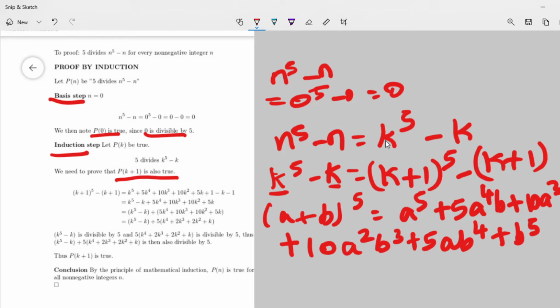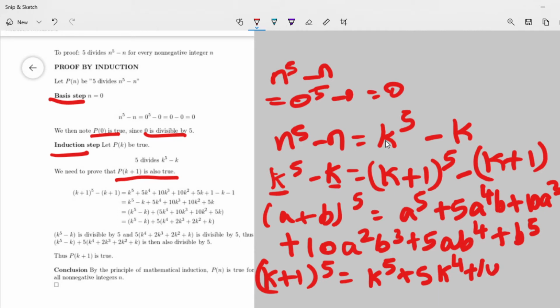Now in place of a we have k, and in place of b we have 1. So k^5 plus 5, in place of a we have k, so k^4, and in place of b we have 1 only.